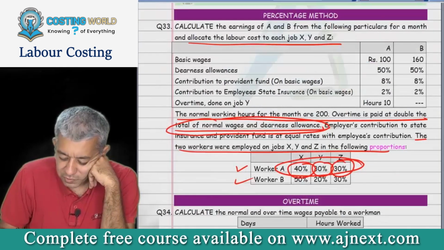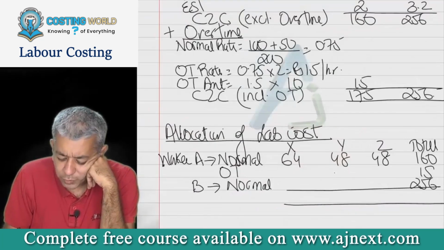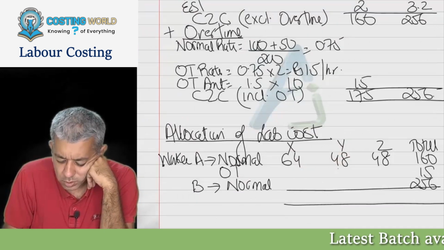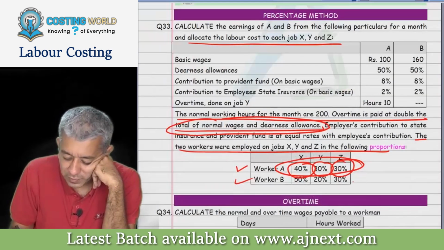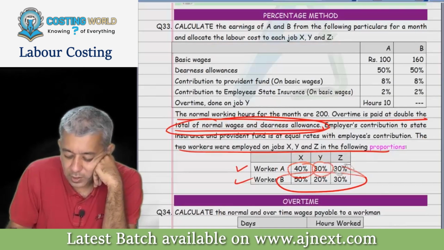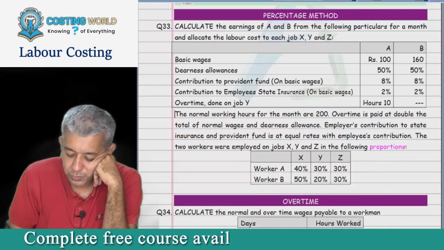Then 15, you all told me, it will be directly going to which job? Y. Y. And 256, please divide in this particular ratio, 50, 20, 30. Do the totals, finish off the question.